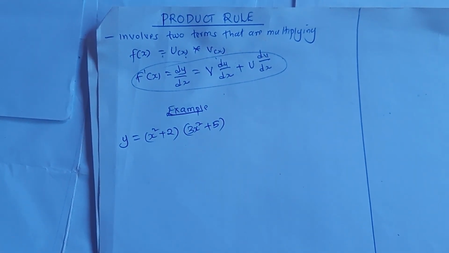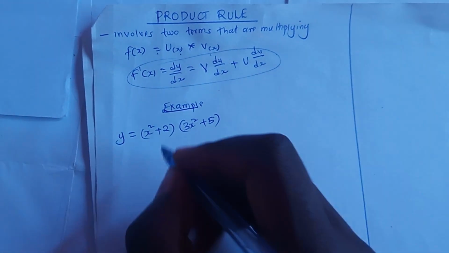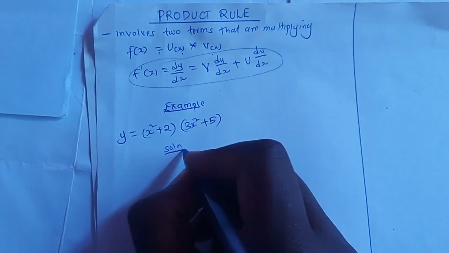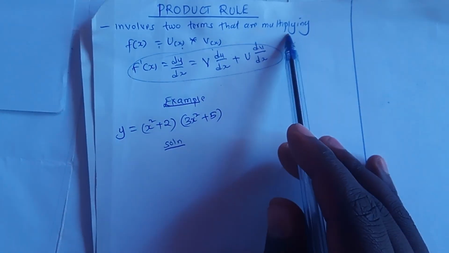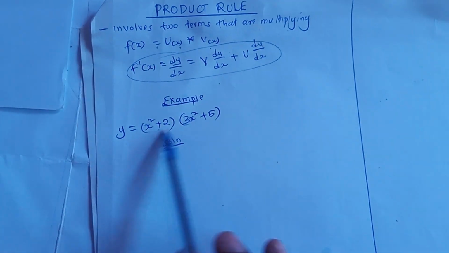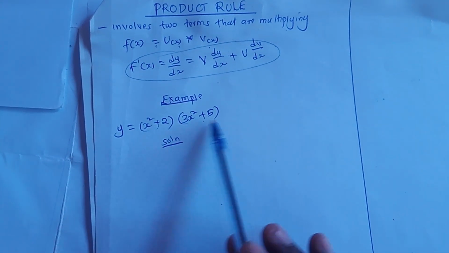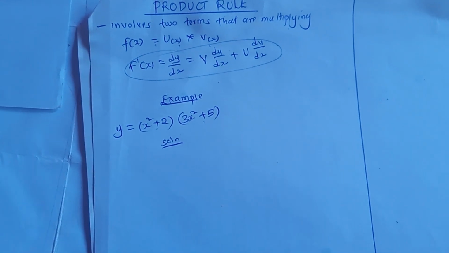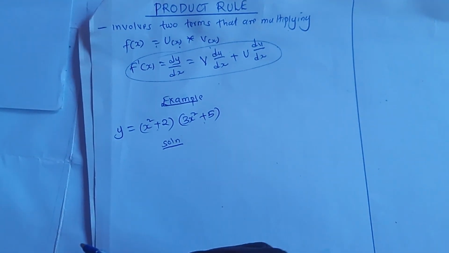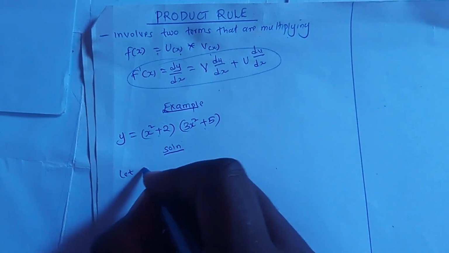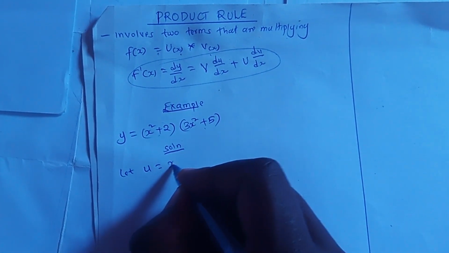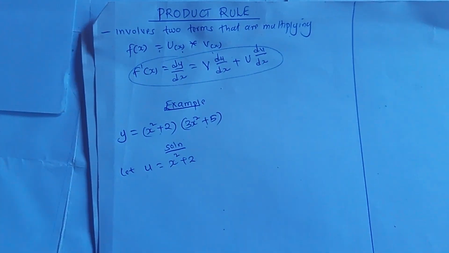Now, solution. Because from our definition we said two terms must be multiplying, and we have term a and term b. These terms we always assign letters u and v. The first one is always assigned letter u. So we say let u be equal to x squared plus 2.